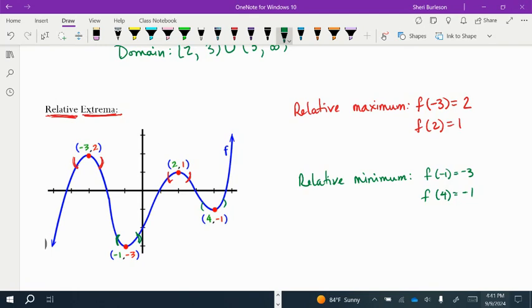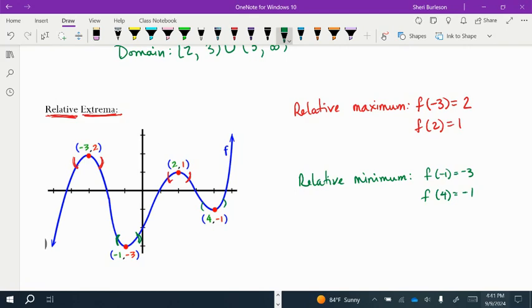Don't make a rule. It just so happens that the positive function values were maximums and the negative function values were minimums, but that's not always going to be the case. It is possible that you could have a relative maximum that is a negative function value, and a relative minimum that is a positive function value.